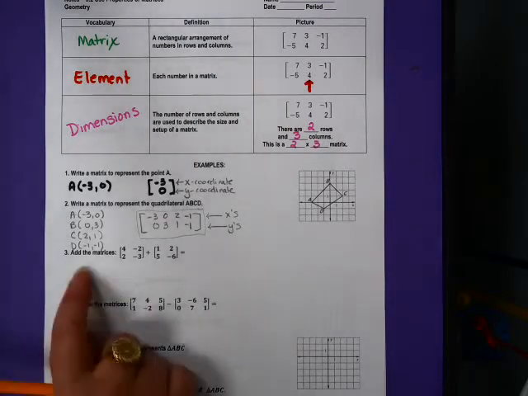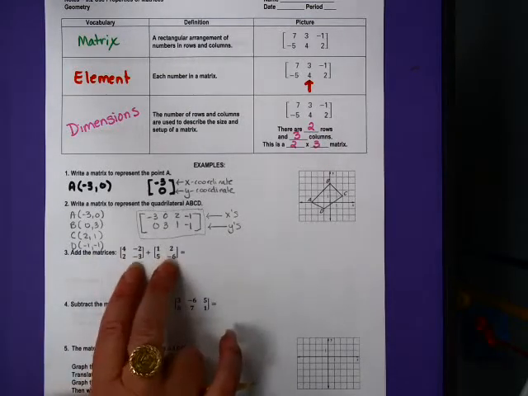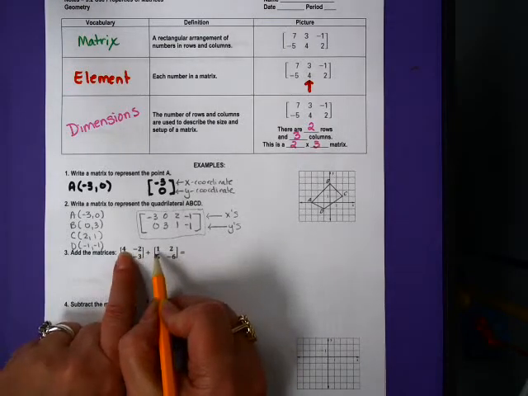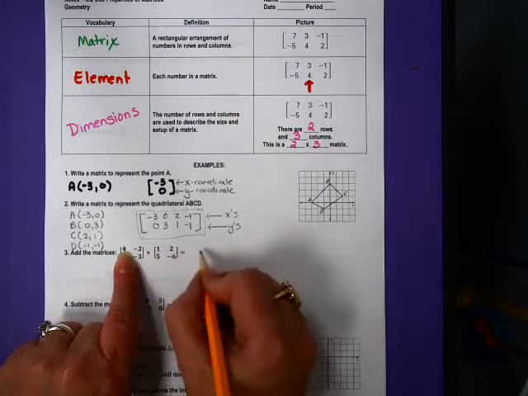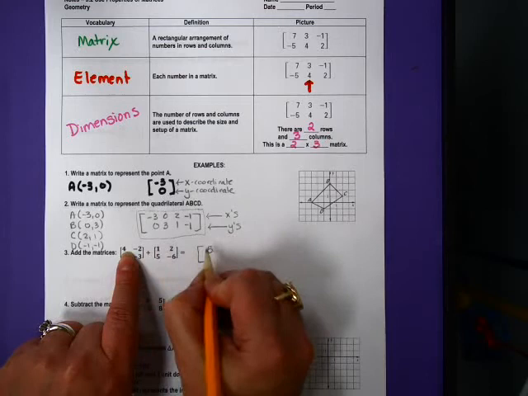Okay, next. Sometimes we're going to be in a situation where we have to add matrices. If you ever find yourself in that situation, you just add the corresponding elements. Notice that the top left-hand corner will be added to the top left-hand corner. So this is going to be 4 plus 1, which is 5.